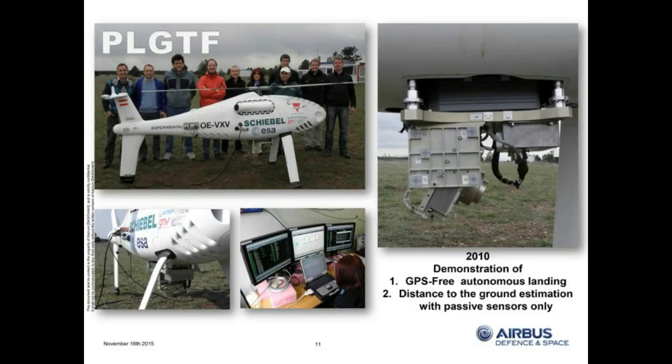That's what the PLGTF stands for. It was the first demonstration that vision-based navigation with the right algorithms can provide the functionality of autonomous landing and estimation of the distance to the ground without any active sensor.